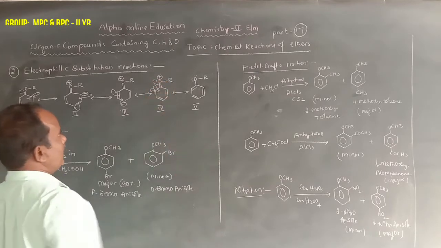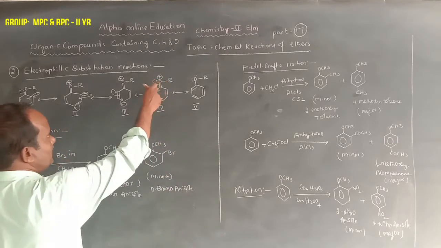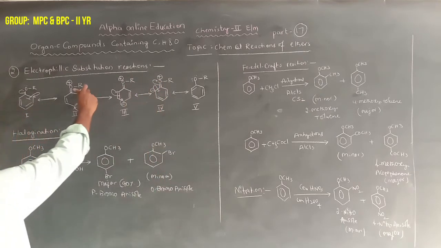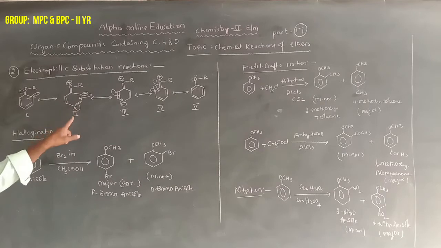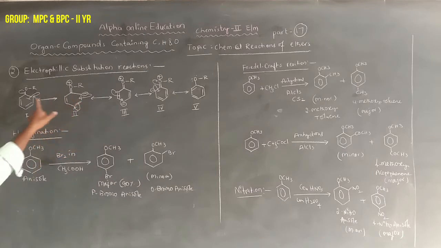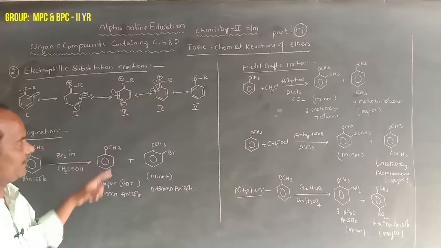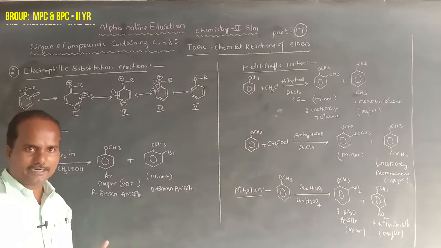So the ortho and para positions of the aromatic ring get more electron density.